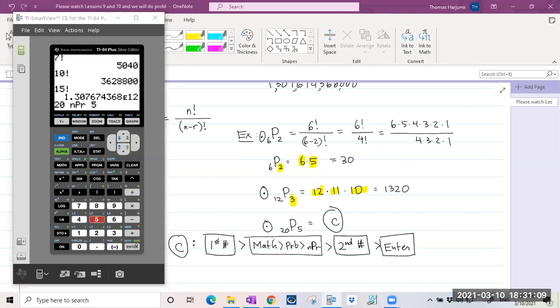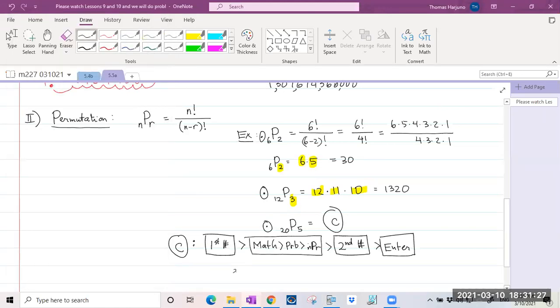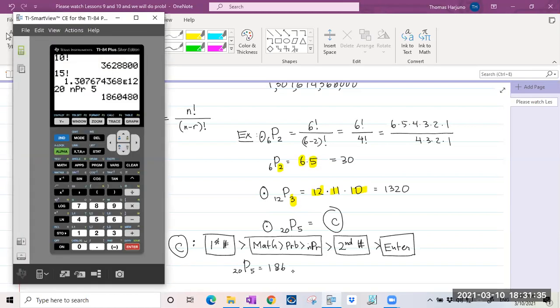Okay, let's see what that is. Yeah, that's right. So I think Myra told me that it's 1,800,000 something. Yes, that's what I have. So 20 permutes 5 will be 1,860,480.